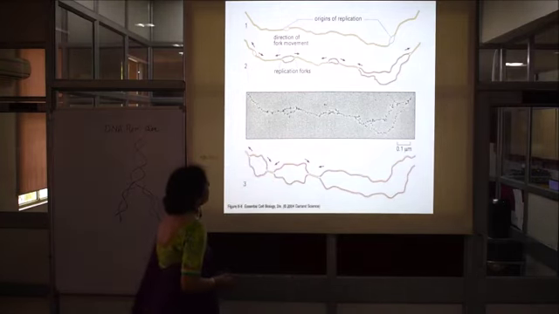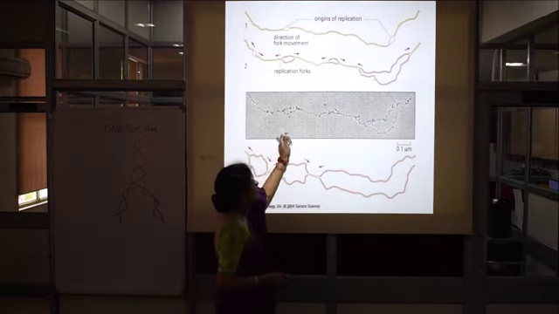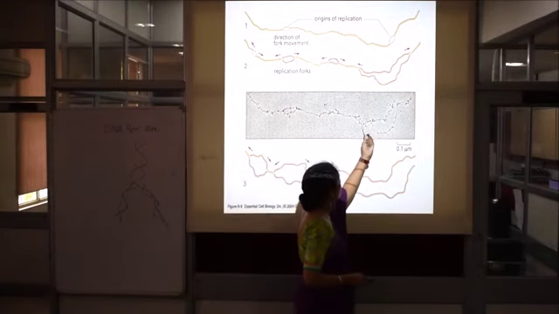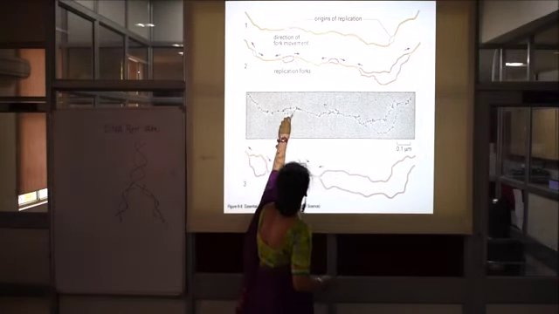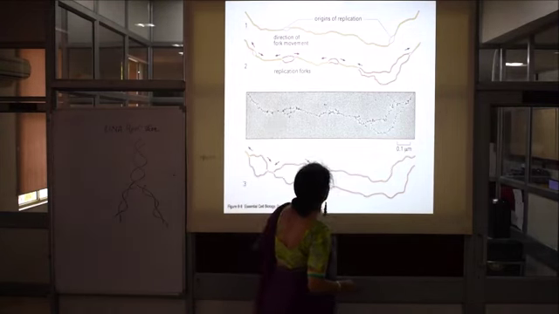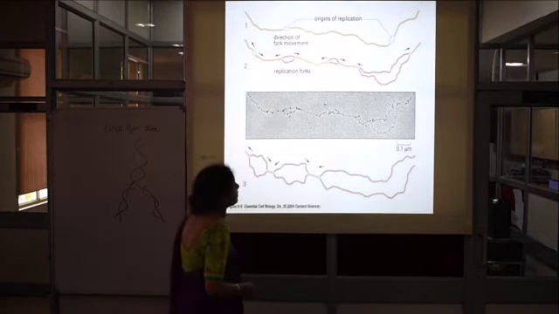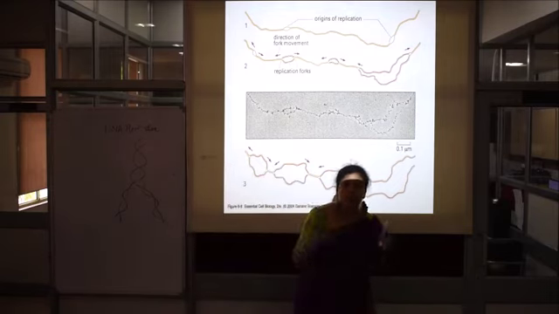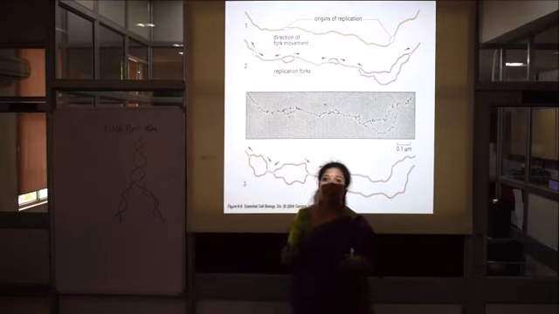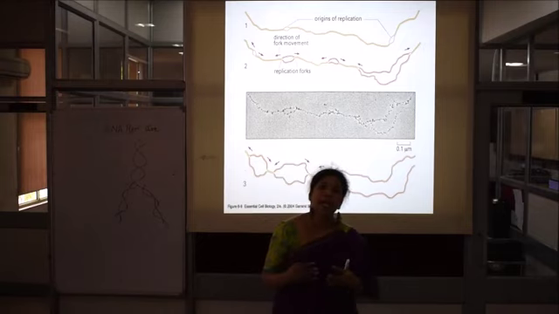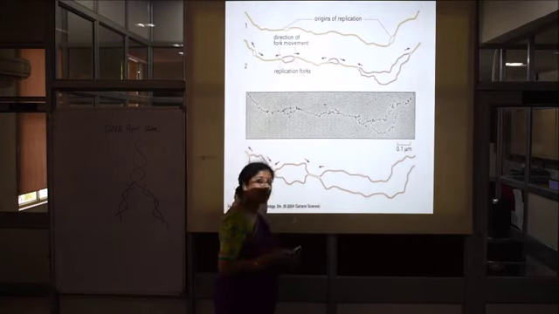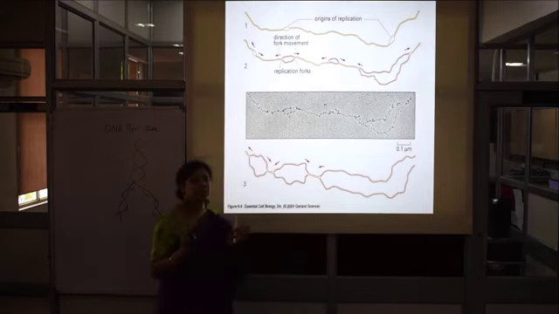Now you can see that this is an electron micrograph picture of DNA, where you can see certain open, O-like structures, and these are basically multiple origins of replication, so that a huge amount of DNA starts replicating from multiple points and the replication can be completed in a particular time.